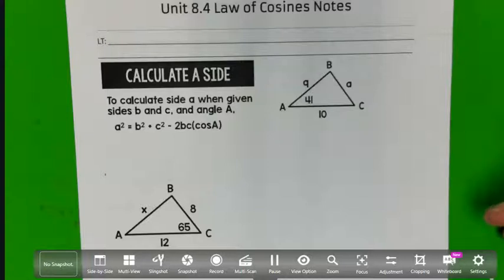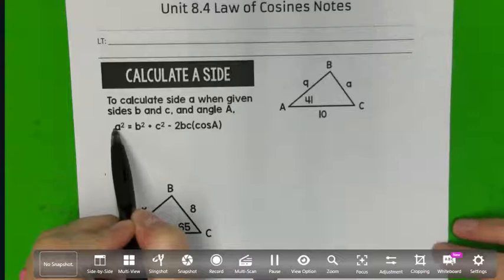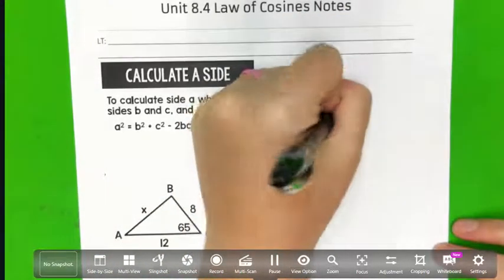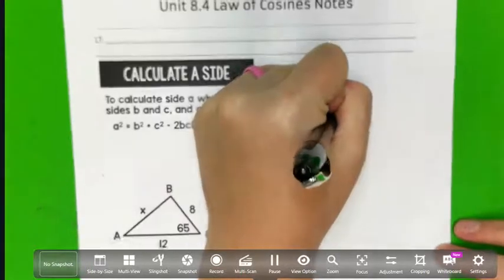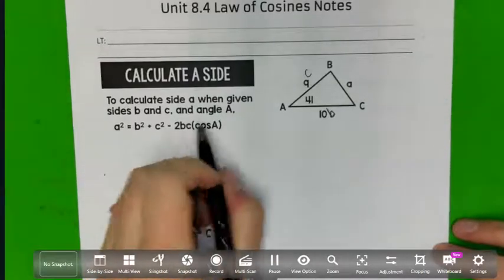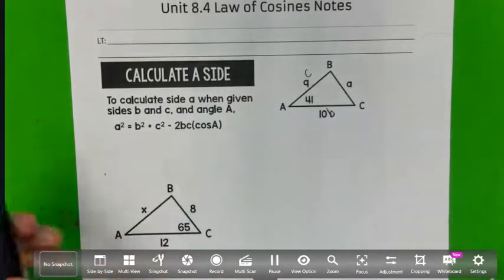The way this works is if you are looking for A, you will need the other 2 sides, B and C, and you will also need angle A. That's all you need, and you're just plugging these numbers in.